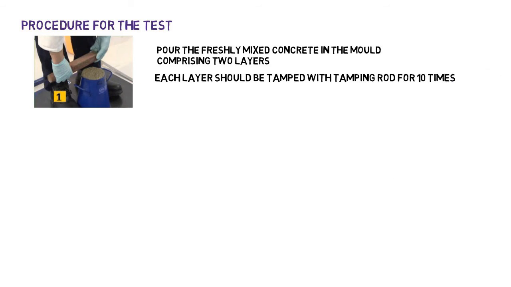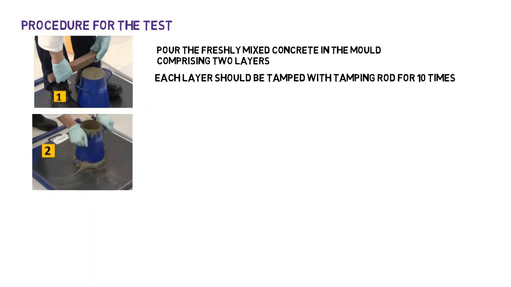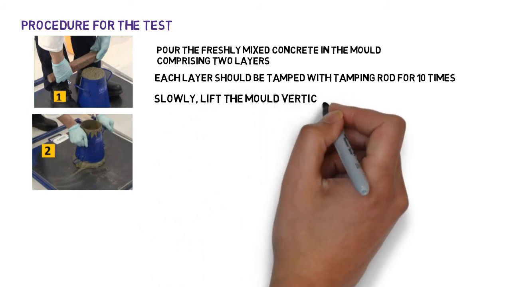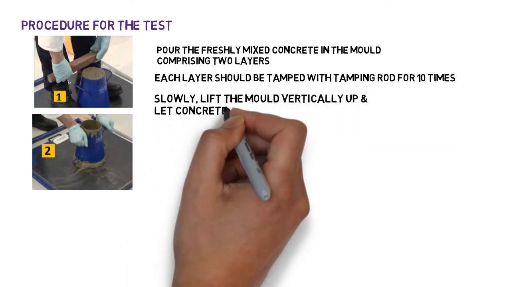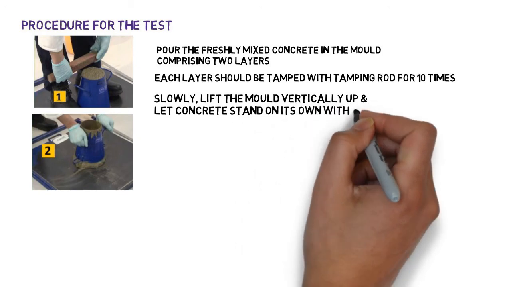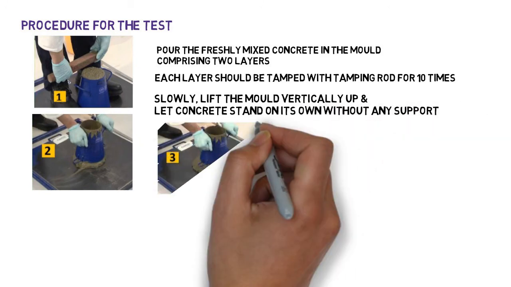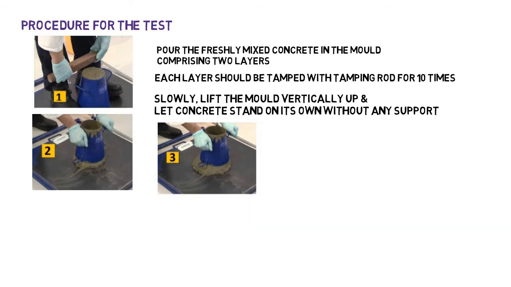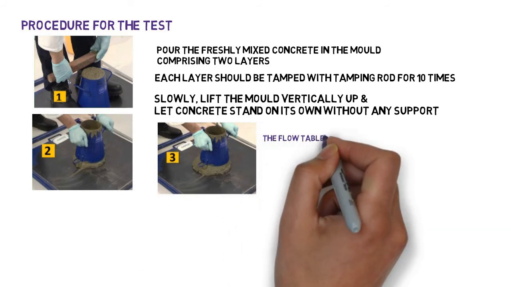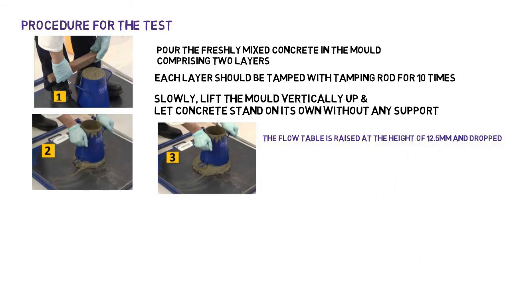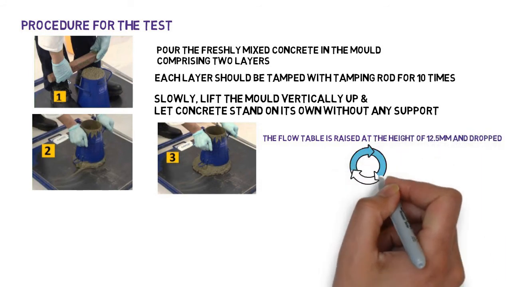Slowly lift the mold vertically up and let the concrete stand on its own without any support, and the flow table is raised to a height of 12.5 mm and then dropped. The same procedure is repeated 15 times. This causes the concrete to spread further in a roughly circular shape.